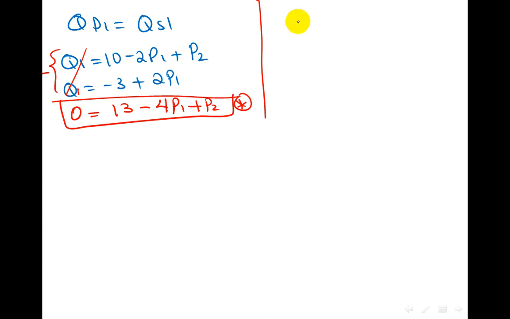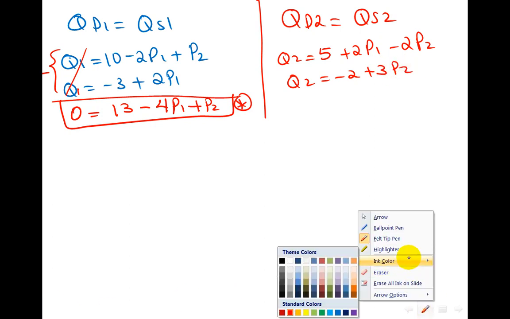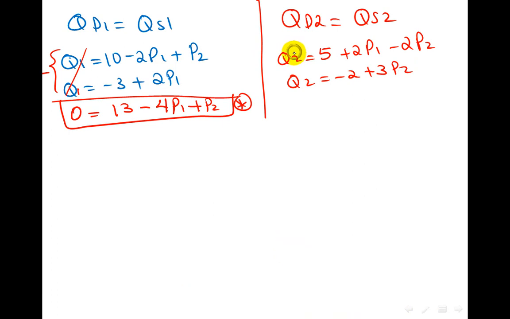The second idea will be QD2 equals QS2. I'm going to write the functions here. Same idea here, we're again going to eliminate them, and since they have the same sign, I'm going to subtract again.